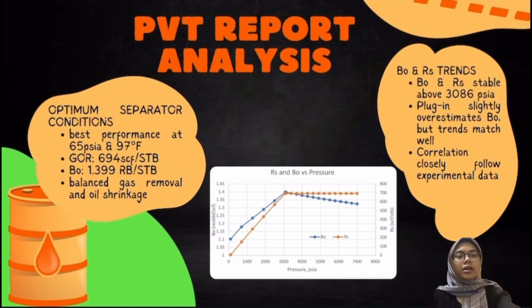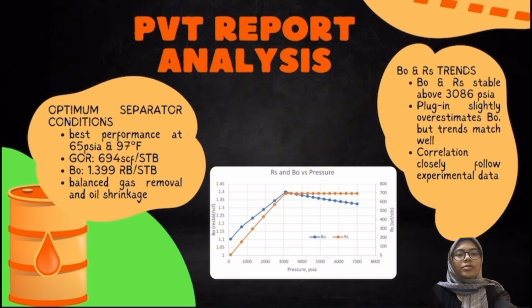RS versus pressure comparison plot. This plot shows RS, the solution gas-oil ratio, versus pressure. Again, we compare experimental data, the Vasquez and Beggs correlation, and plug-in estimates. We see a flat trend above the bubble point, where RS holds constant at 694.